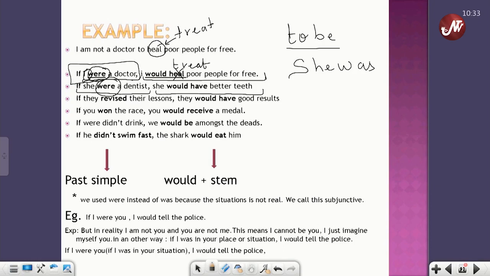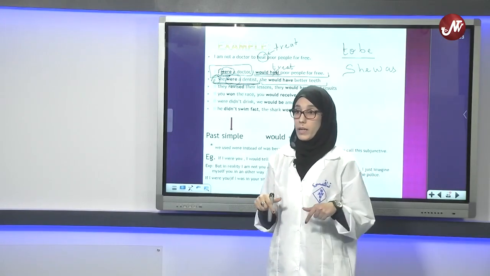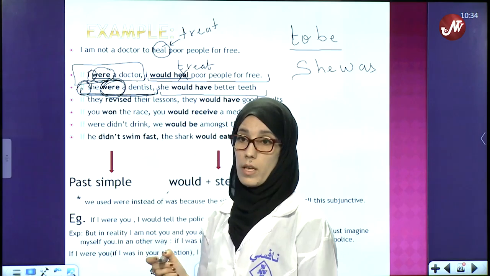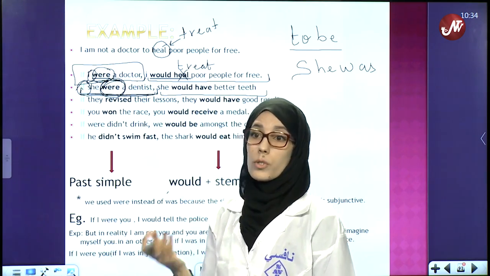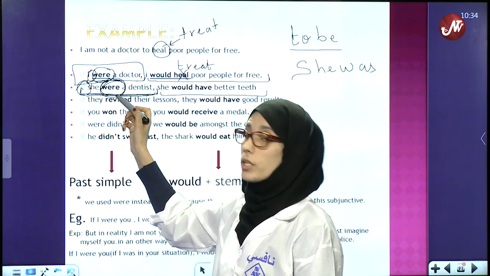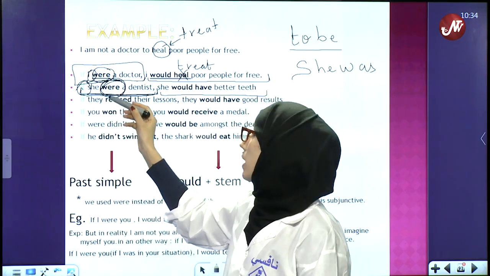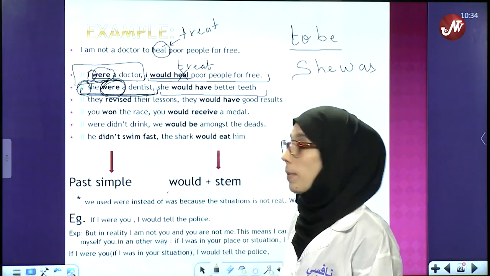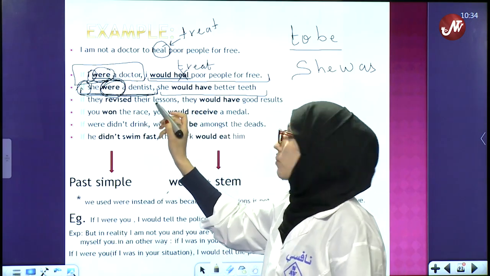Why? Because if we use the condition with if, with a situation that is not true here at the present, we use were with all the pronouns. So we say I were, you were, he were, she were, they were. We don't say she was, he was, and it was, as we have seen with the verb to be in the past. So this is an exception.